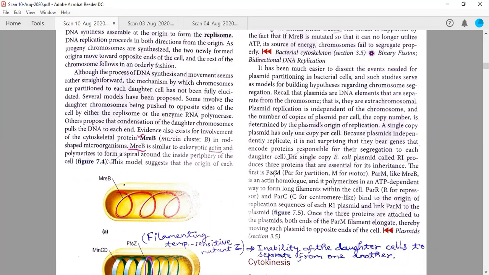This Par is for partition, as written here, and M for motor. This ParM is very similar to MreB protein, an actin homolog, and it polymerizes in an ATP dependent way to form a long filament. Let me clear one thing first.